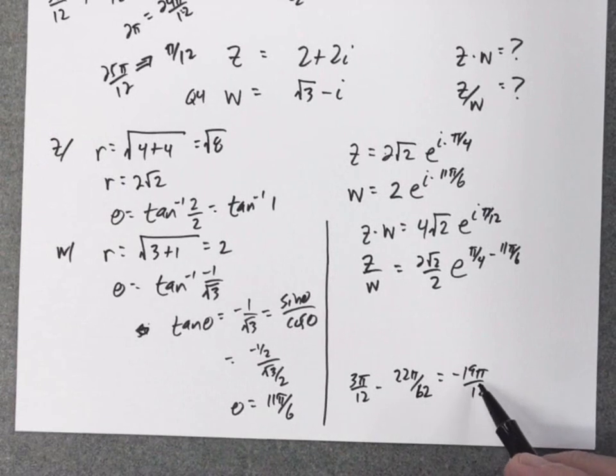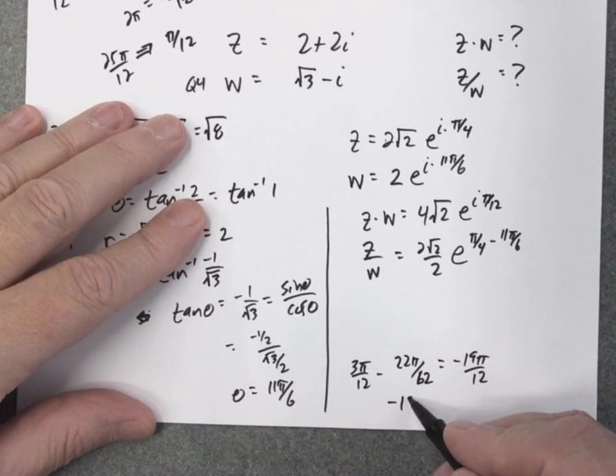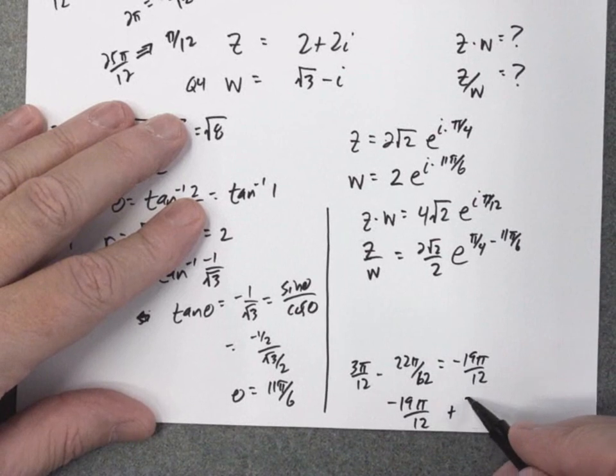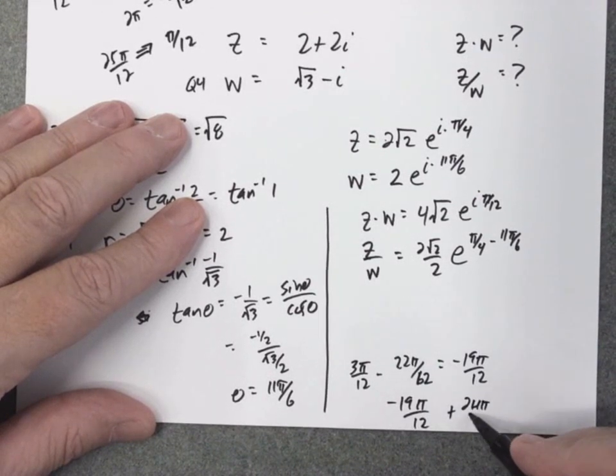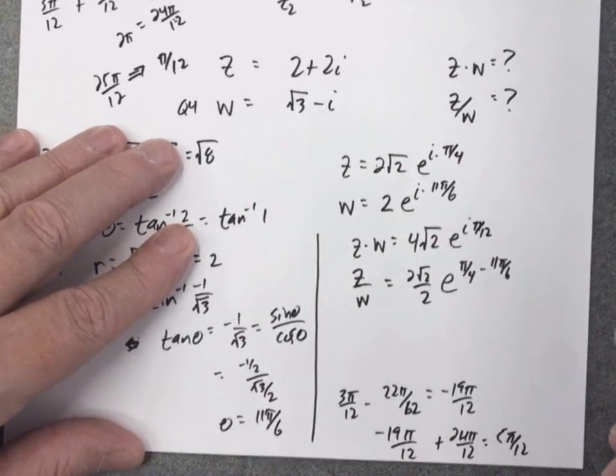Once again, it's like we have to find a coterminal angle. Easiest way to do that is just to add 2 pi. This goes back to what we learned at the beginning of the class. So 2 pi is 24 pi over 12. Looks like 5 pi over 12.